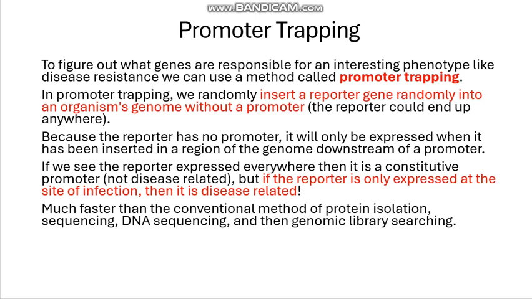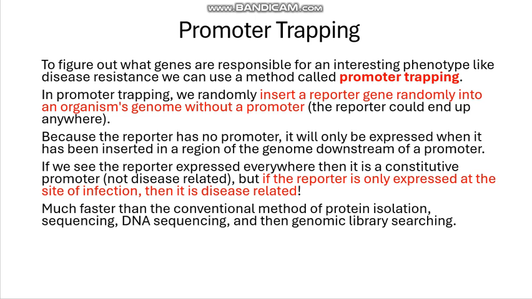And then we know that we have succeeded if the reporter gene is only expressed at the site of infection, because this implies that through the random insertion of our reporter gene into the genome, it's landed downstream of a promoter for disease resistance. We then know that the gene downstream from that promoter is involved with disease resistance, and then we're able to study it and learn more about it.